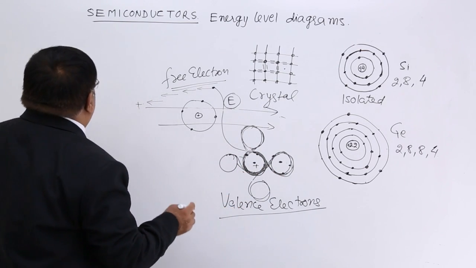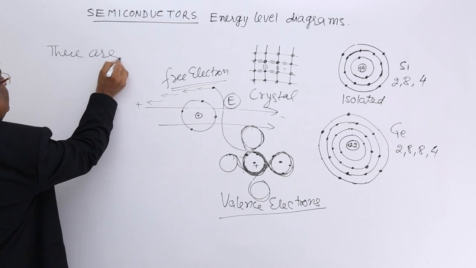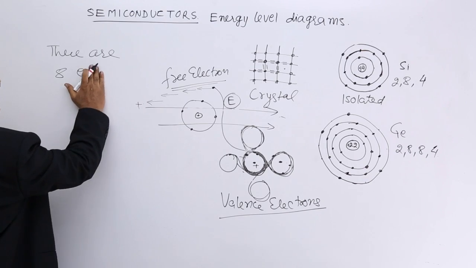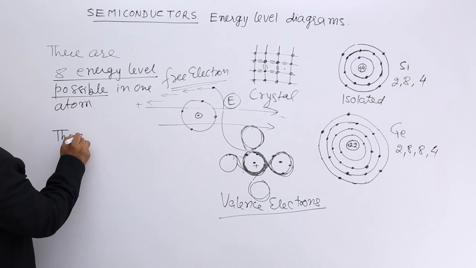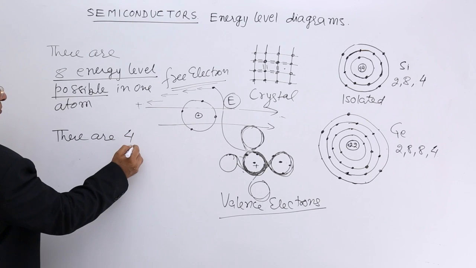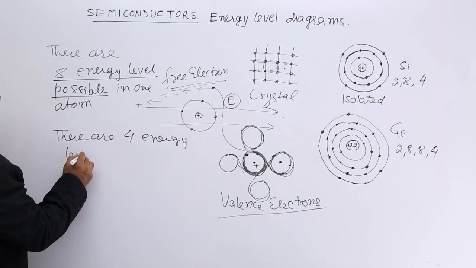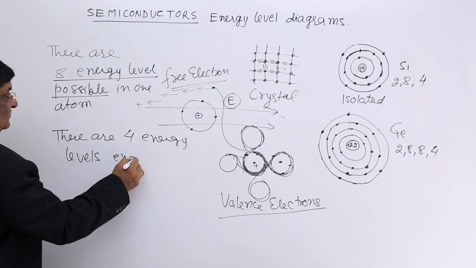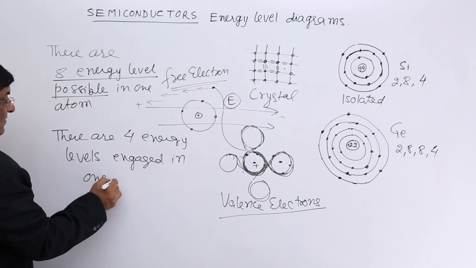So there are 8 energy levels possible in one atom. There are 4 energy levels engaged in one atom.